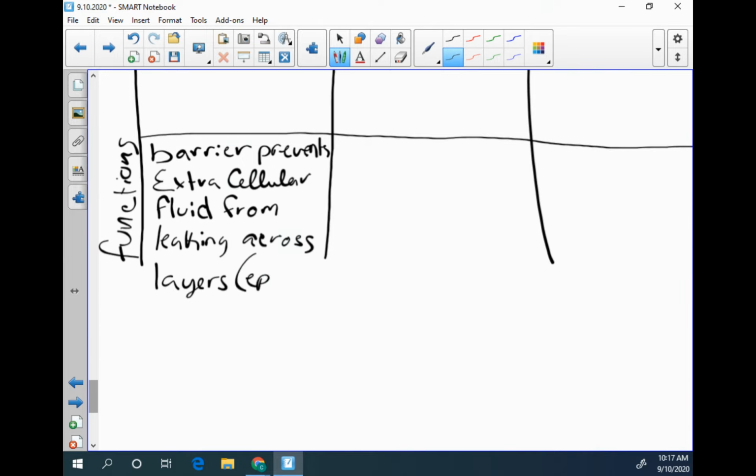Usually this is epithelium. Like our skin cells, our epithelium cells, they are sheets of cells. So in order to keep stuff from leaking from layer to layer, we've got these tight junctions.